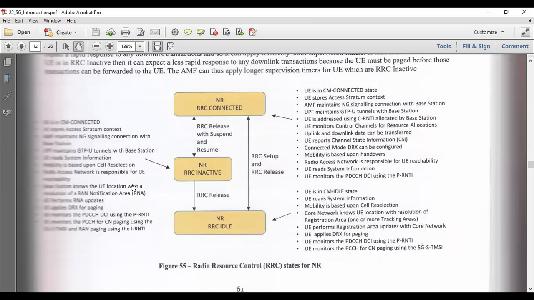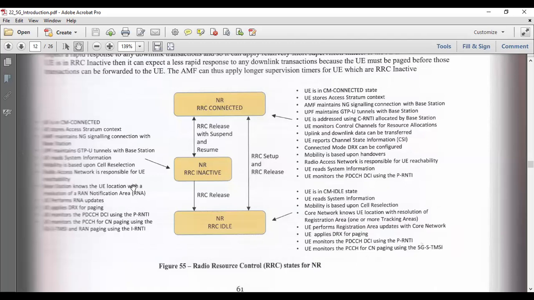This type of information that you store is called context. It can be for your access data, or it can relate to NAS. So these are AS level context and NAS level context; these terminologies have been used since the 2G days.